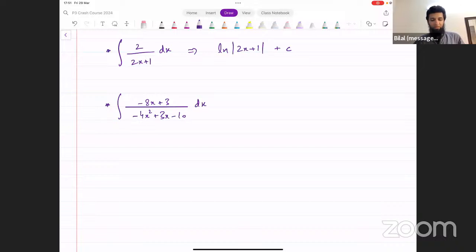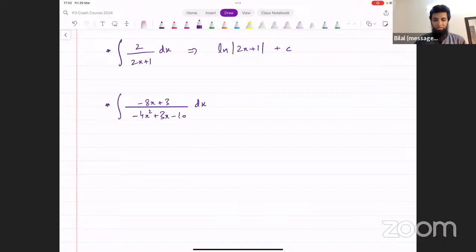What's the integral of this thing? It's a fraction again. You have only done one rule for fractions until now. There are a number of other rules as well, which we will be doing in the next couple of classes. This is the first rule and the most important one, because it's the most commonly used one. Minus 8x plus 3 over minus 4x squared plus 3x minus 10. How do you integrate this?